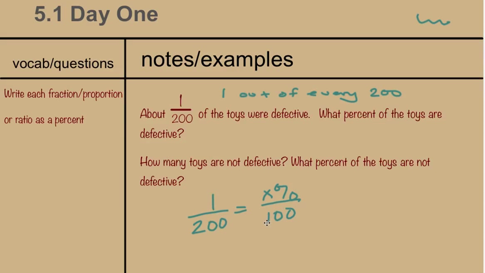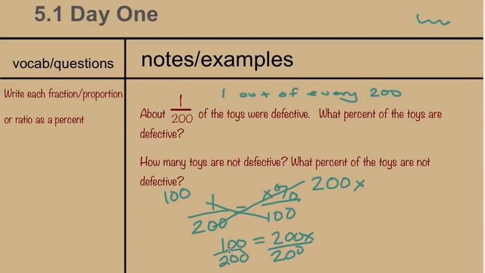I could divide by 2, but it's going to give me some numbers that could possibly cause me to make a mistake. So I'm just going to go this route. 200 times x is 200x. And this would be 100. 100 equals 200x. I'm going to divide both sides by 200. These will cancel out, leaving me with 1/2. 1/2 equals x.